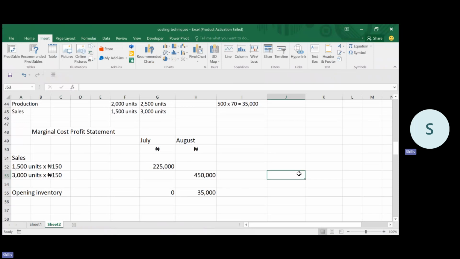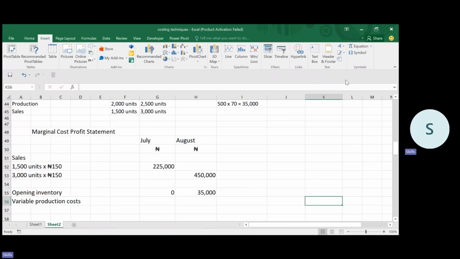So the next thing that will follow now is our variable production cost. Let's talk about variable production costs.